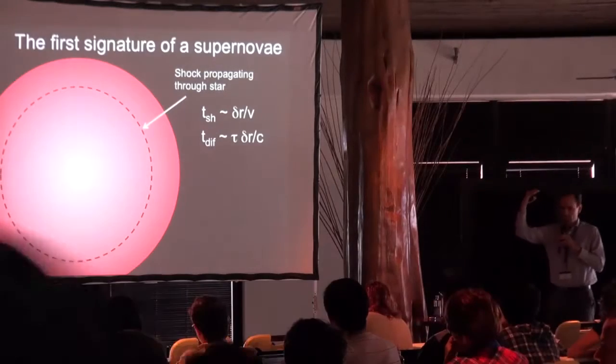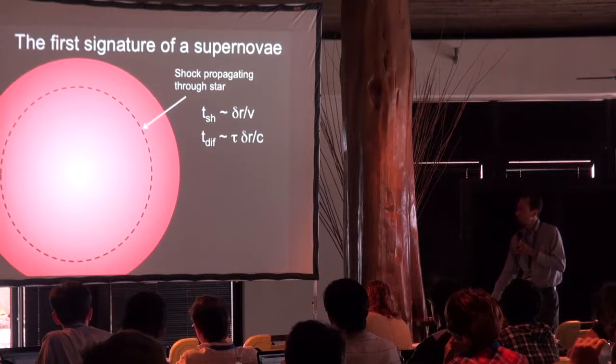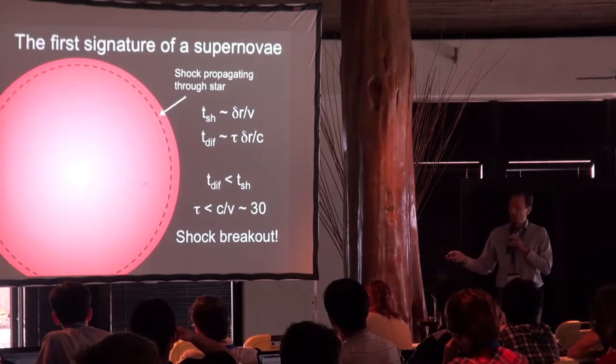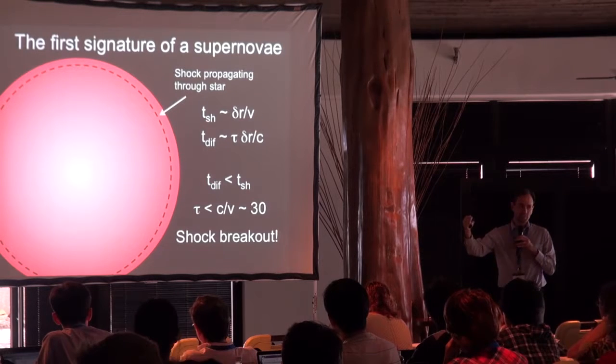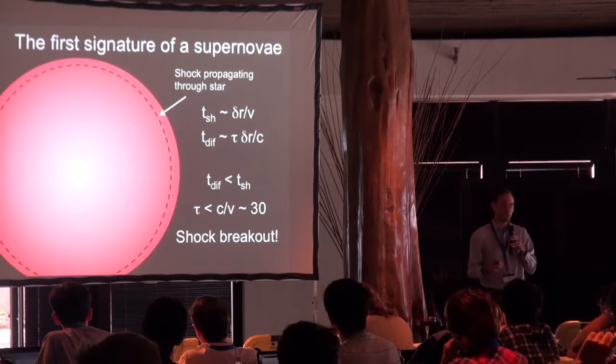And so what's going to happen is the shock is getting closer and closer to the surface of the star. This diffusion time is getting shorter and shorter until it's shorter than the shock crossing time, and those photons are now going to leak out, and it's not going to power your shock anymore.